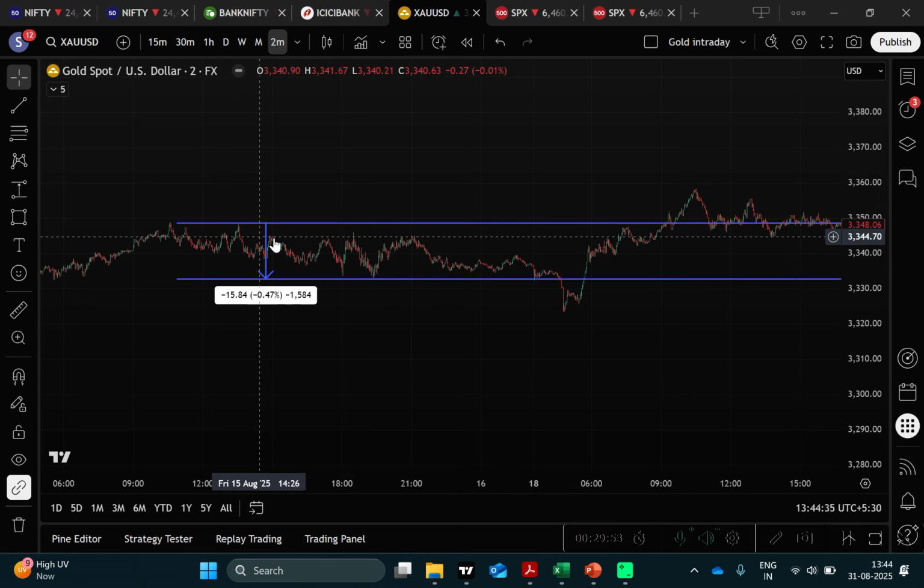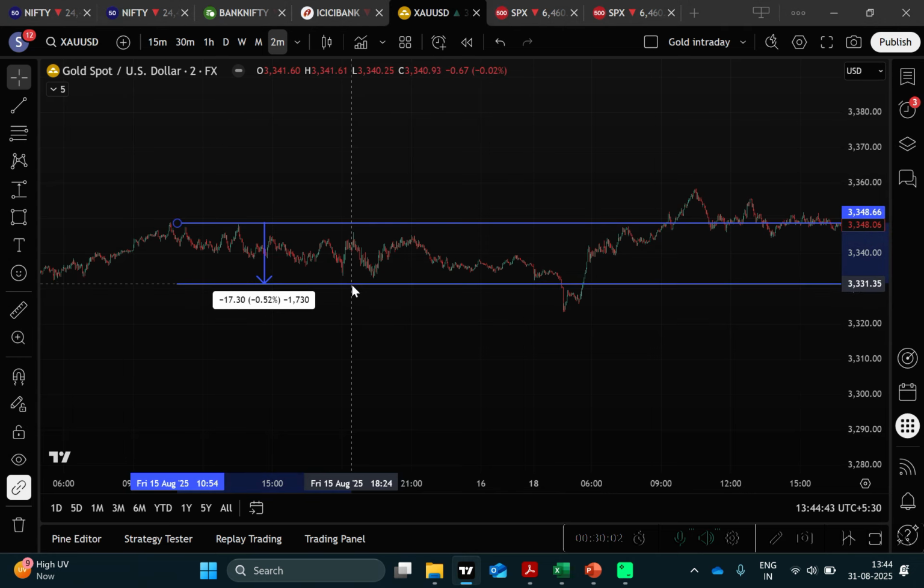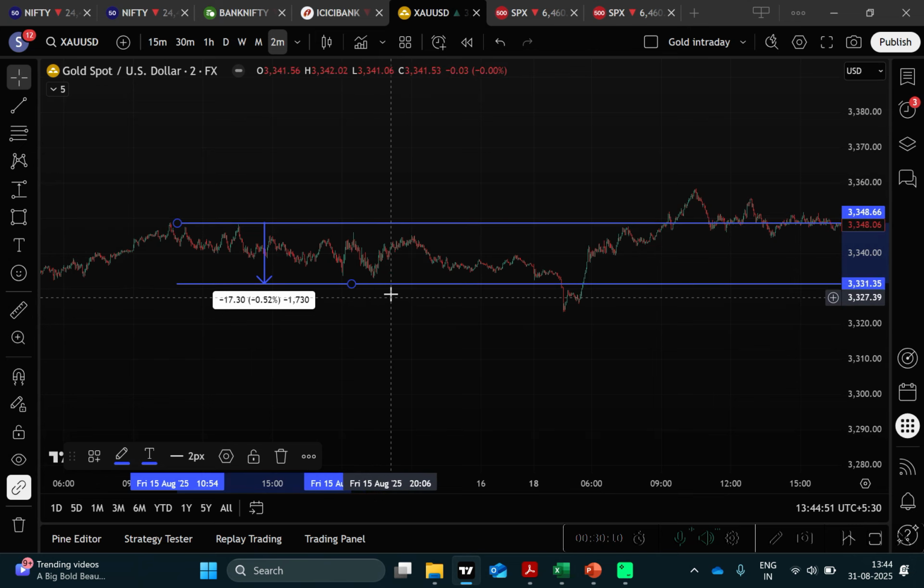For example, if my range is 17 points and I'm expecting my low at, let's take an example, 3331, then with that square of 9 method, you get another 3333 or 3334, or 3332, very close to this price, and that will be my error margin.